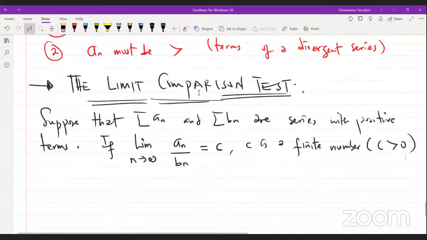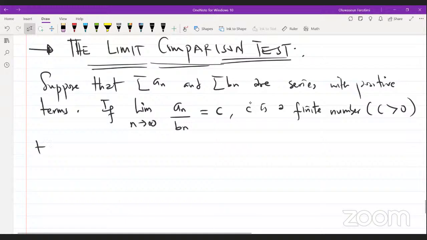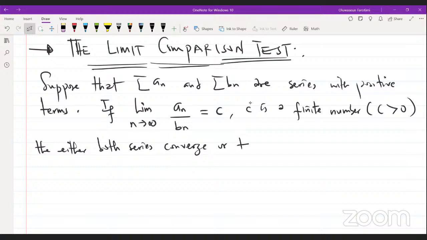Then, interesting, either both series converge or they both diverge. Okay, so let's talk about this. You have two series, a series of an and a series of bn.